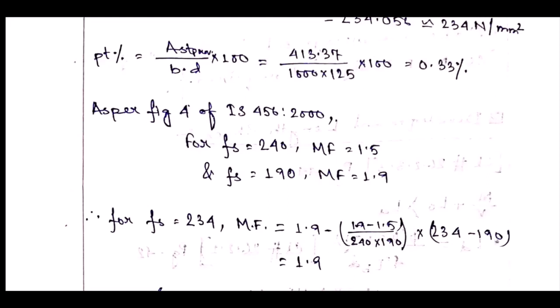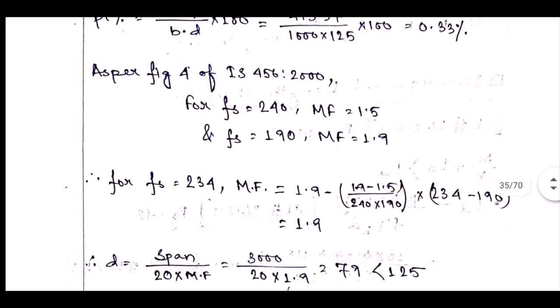Therefore for fs 234 the modification factor is equal to 1.9 minus within bracket 1.9 minus 1.5 by 240 minus 190, into 234 minus 190, that is equal to 1.9. So the modification factor is 1.9.